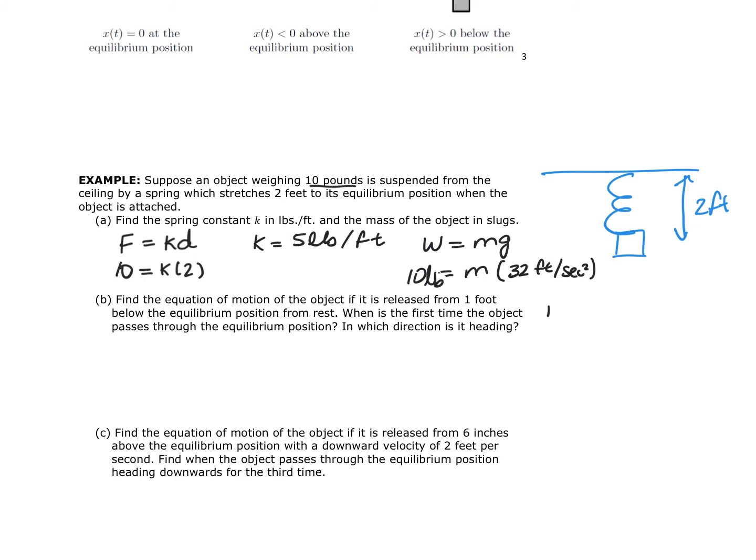When we solve for m, we end up with 10 over 32, and I end up with pounds times seconds squared divided by feet.